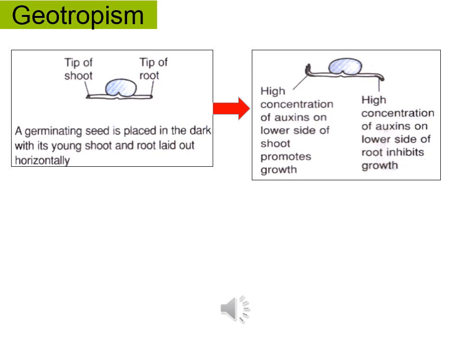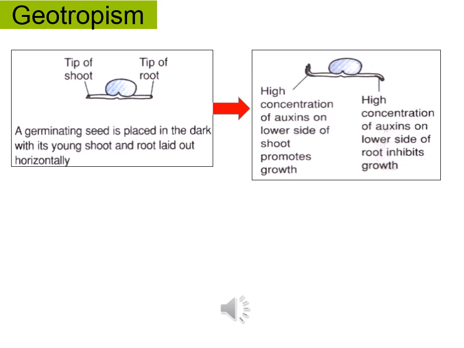Okay, for this slide I will explain about how the root will show the positive geotropism, while the shoot will show negative geotropism. First of all, a germinating seed is placed in the duct with its young shoot and root laid out horizontally. Okay, and then after several days, we can see the tip of shoot will grow upwards. Okay, and the tips of root will grow downwards.